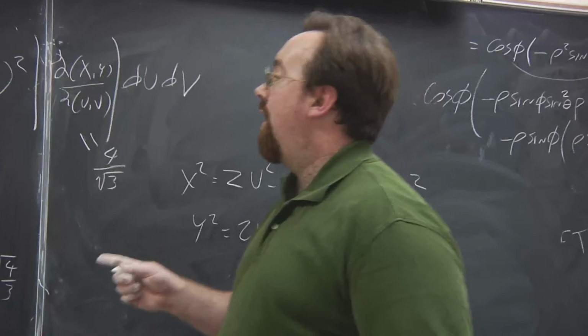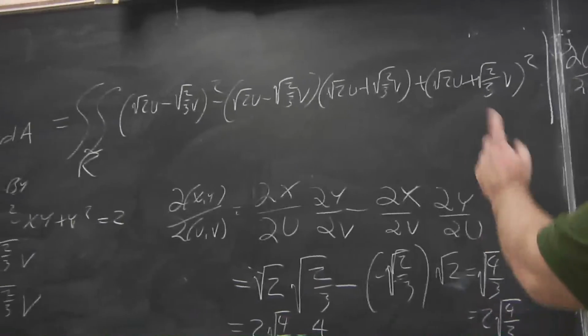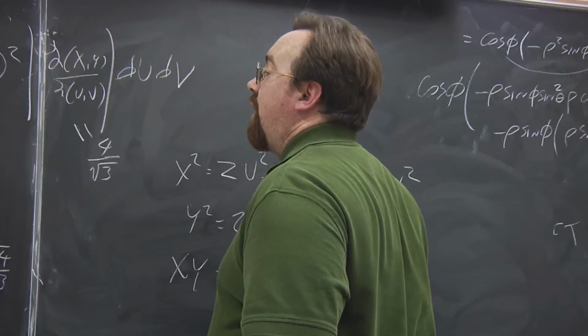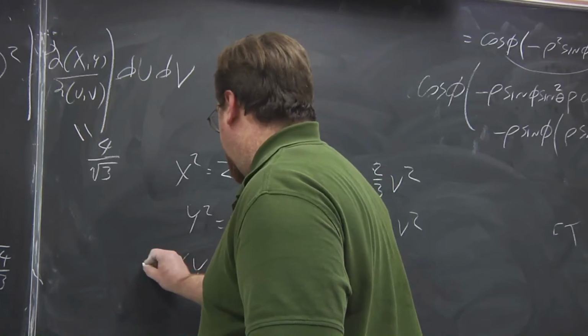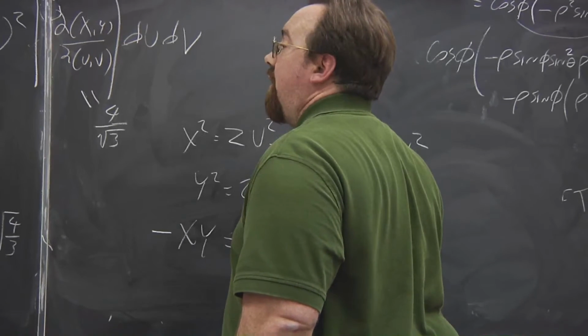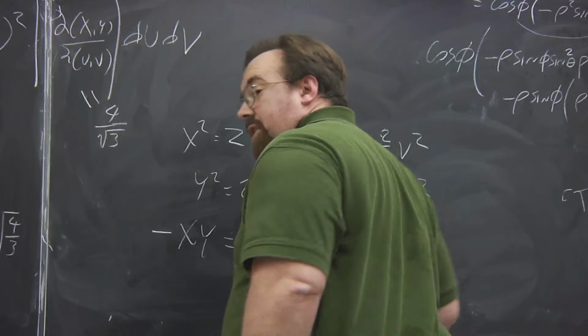And then x times y is going to be, we have a difference going on here, so we're going to have 2u squared minus 2/3 v squared.